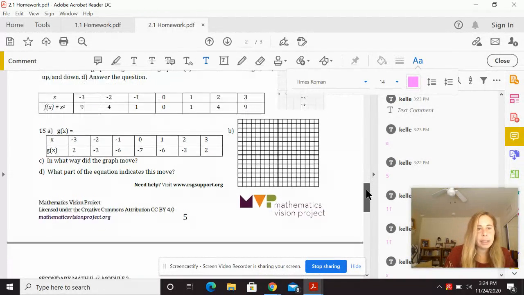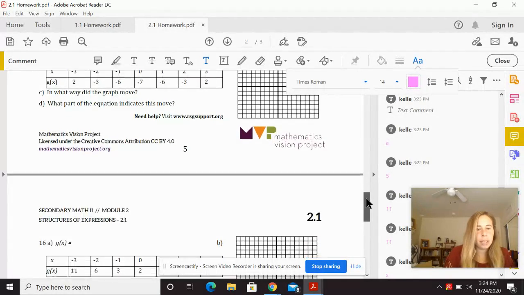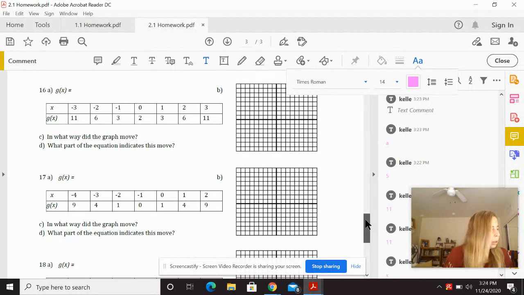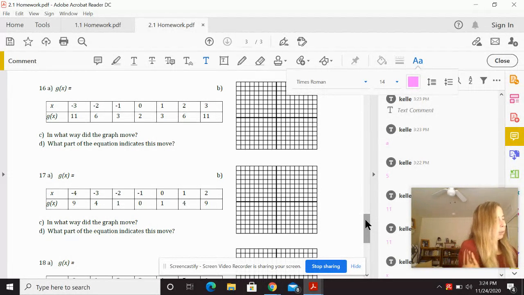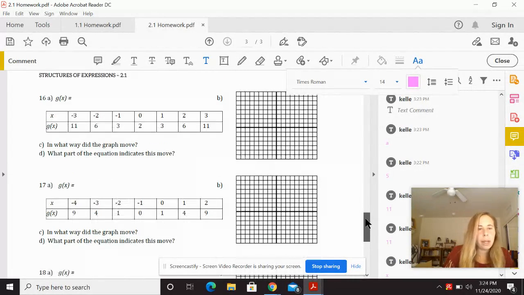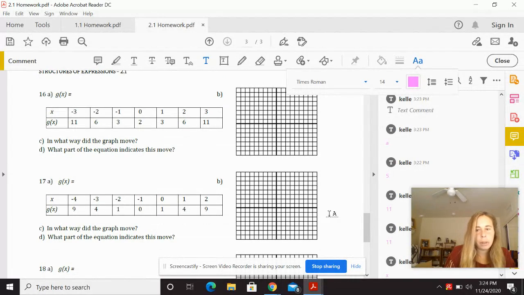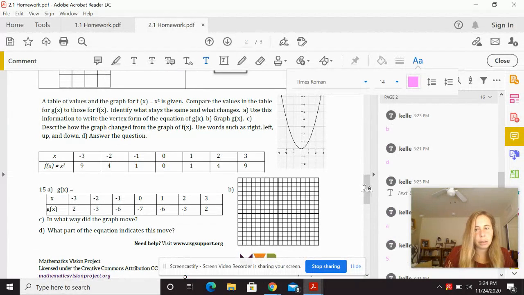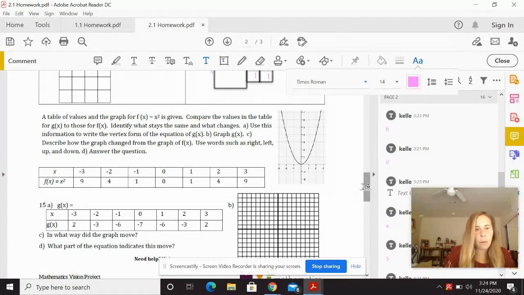These guys, I think most of you did well on 15. I don't know. Let me think which one tripped some of you up. You guys actually did really well on these. Let's do 17. Okay, so you're just comparing this table to the original one, which is right here.